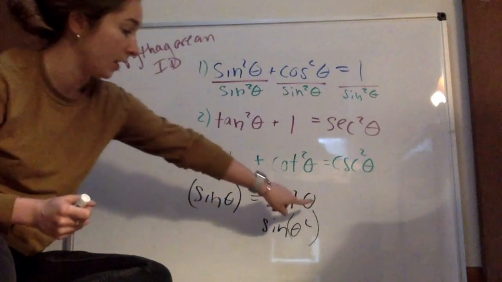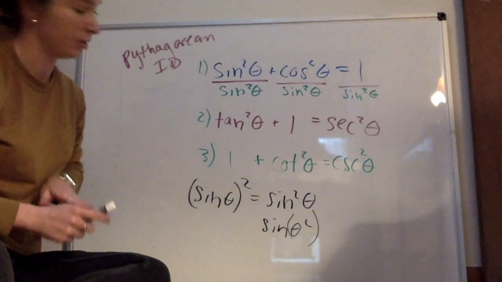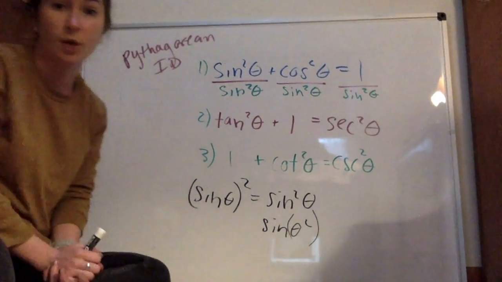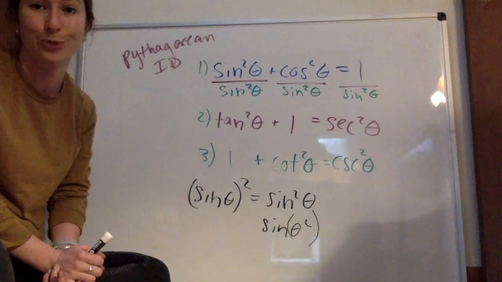So sine squared of theta is the whole thing squared. Sine of theta squared is sine of theta squared. So that's just notation.